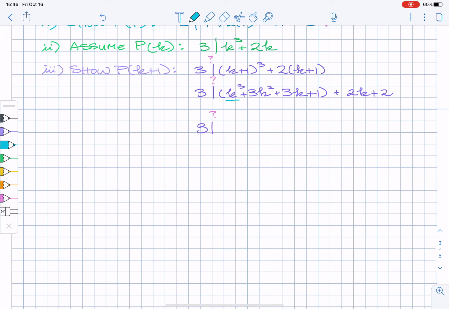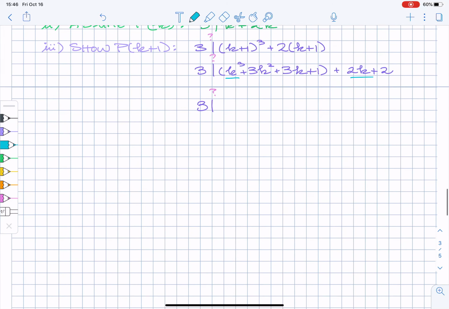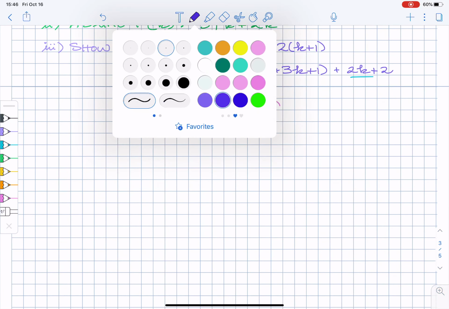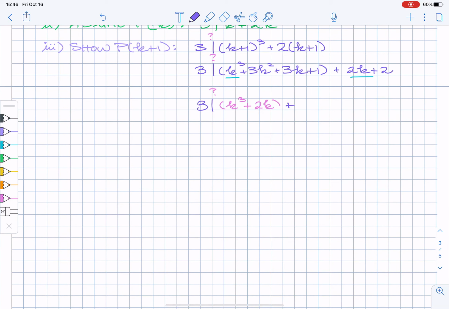Let's do k cubed plus 2k as 1. So k cubed plus 2k. And then the remaining terms are 3k squared plus 3k, and 1 plus 2 is 3.